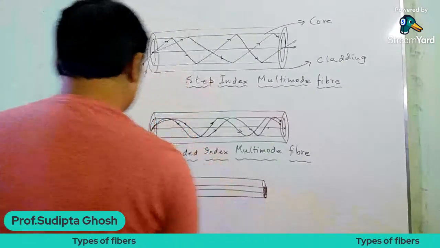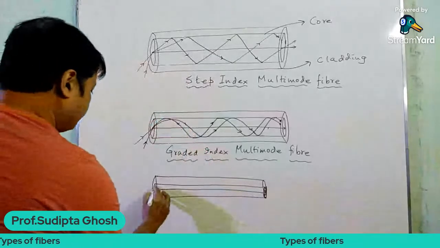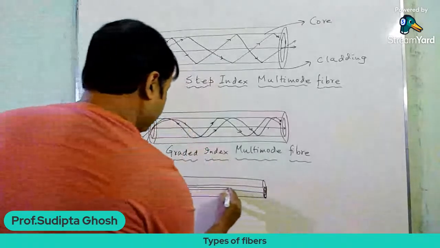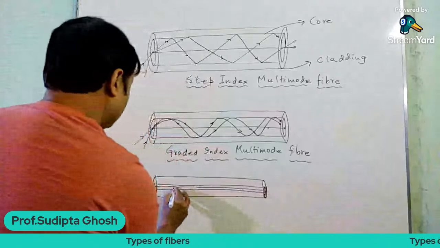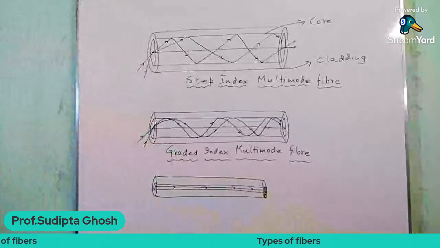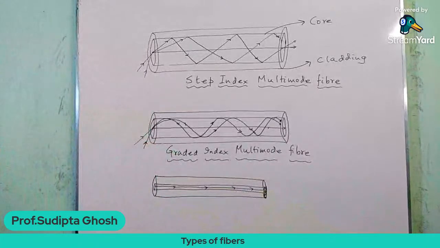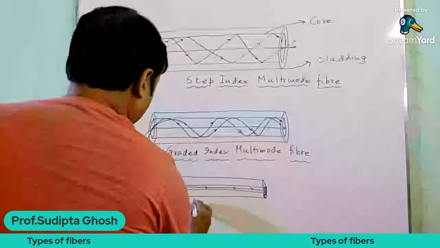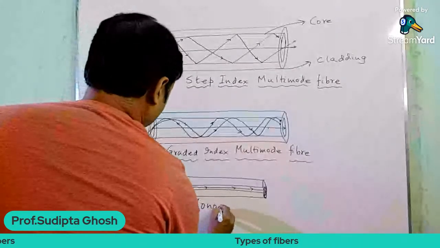I think you can see the difference. Here only a single mode of propagation is allowed. So this is a monomode fiber.